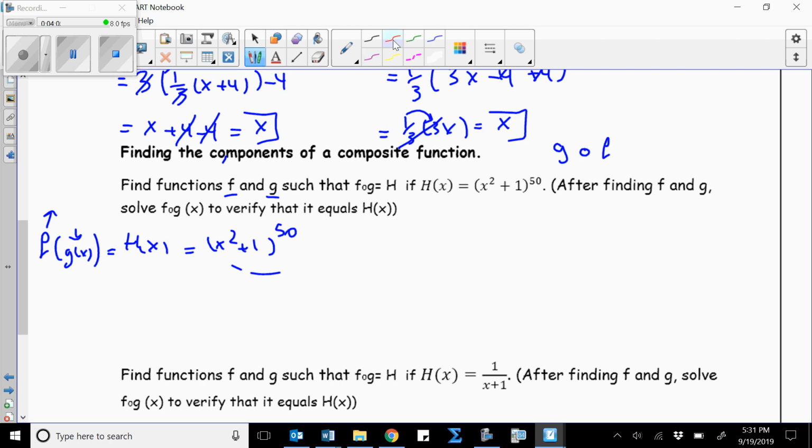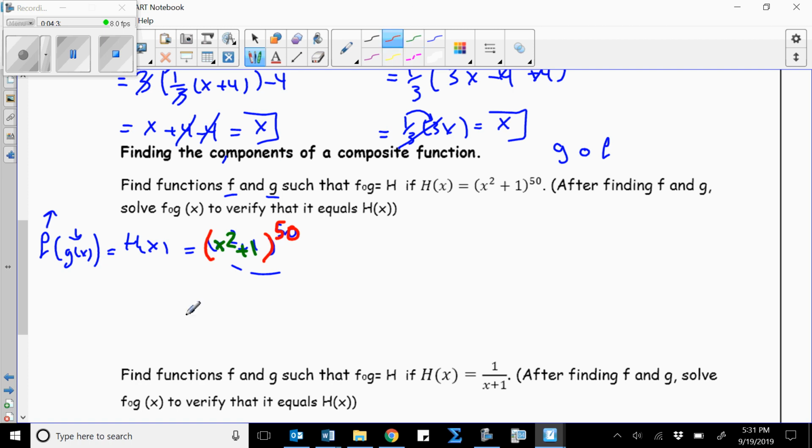Basically, if you try to find a parent function which includes something inside itself, you can easily find the components. Here you see a parent function, a power function, which has another function inside itself.